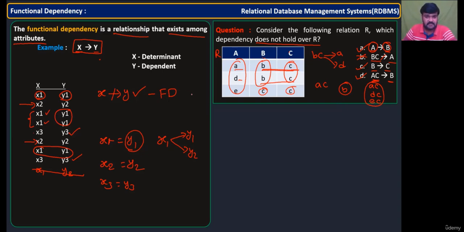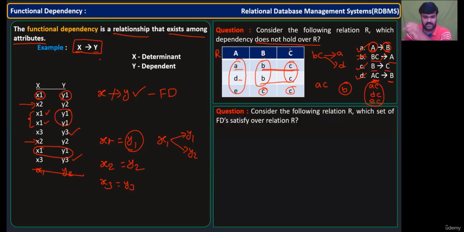And let us get familiar with this concept of functional dependency. X derives Y. What does it mean actually? Now let us go for the next one. One more thing, let us practice so that things become more perfect. Consider the following relation R. Which set of FDs is satisfied over relation R?